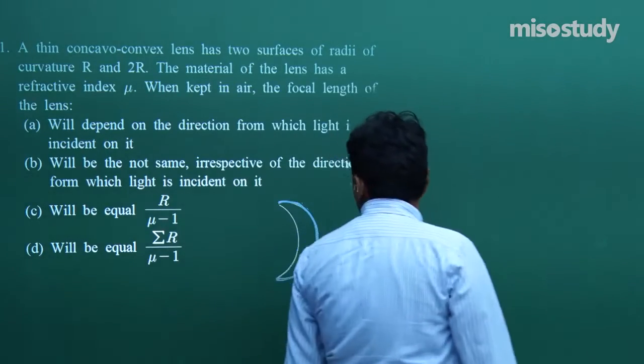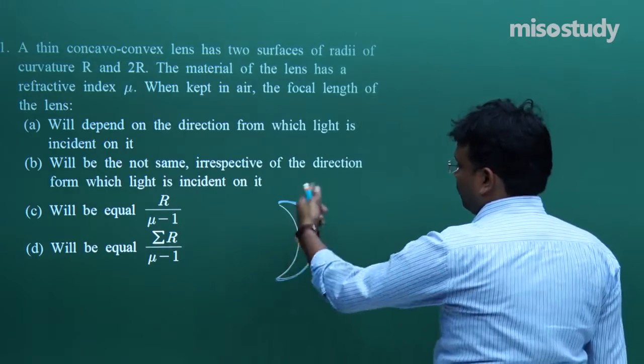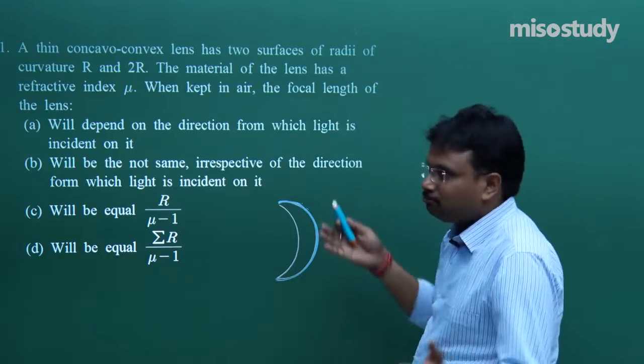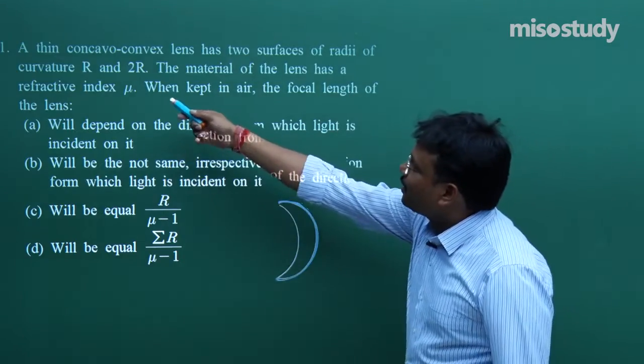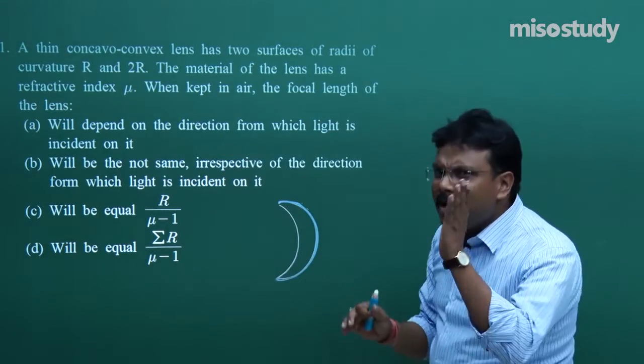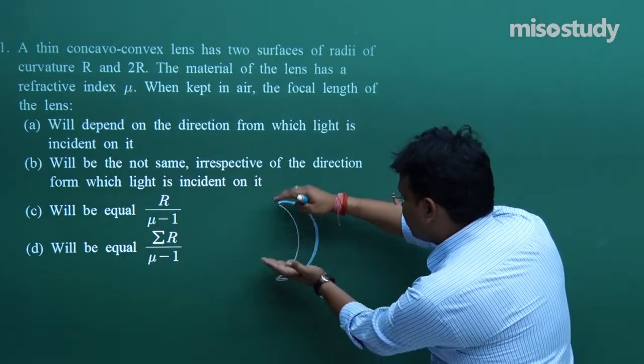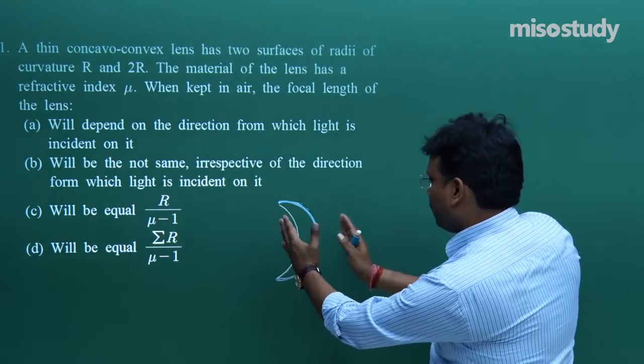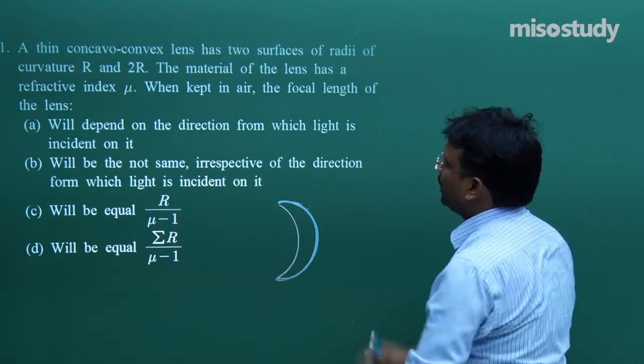Fine. So this white surface is concave, blue surface is convex. Two surfaces obviously of radius R and 2R. It means this inner radius is smaller, outer radius is bigger. It is also, up to some extent, visible from this diagram.